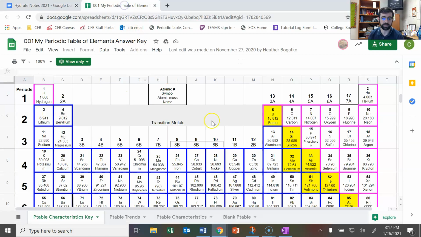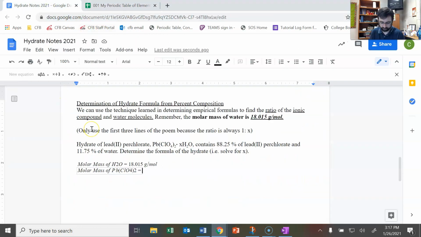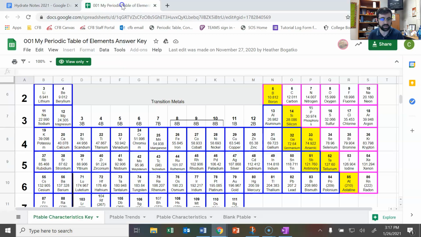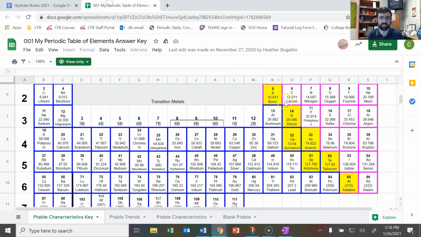So let's find Pb. It's a metal, but it's over here towards the right. It's 207.2 plus, let's see, we've got 2 chlorines. I'm distributing throughout this, so 2 times the mass of chlorine is 2 times 35.453, plus 2 times 4 gives me 8, so 8 times the mass of oxygen, which we know to be 15.999.